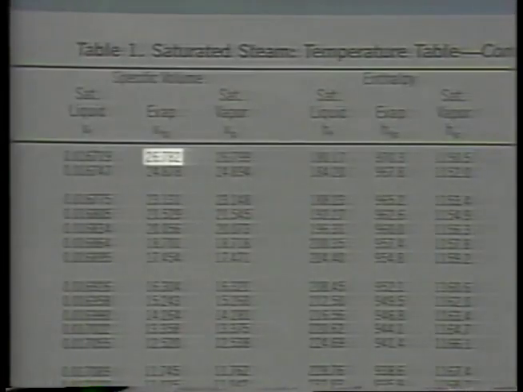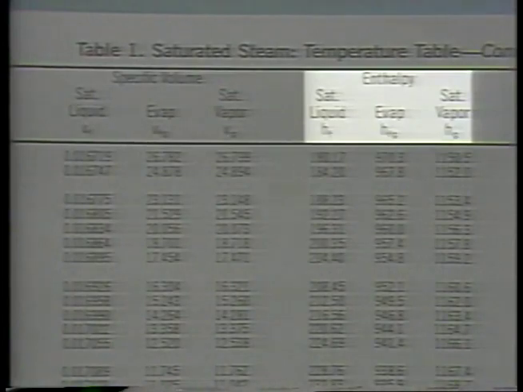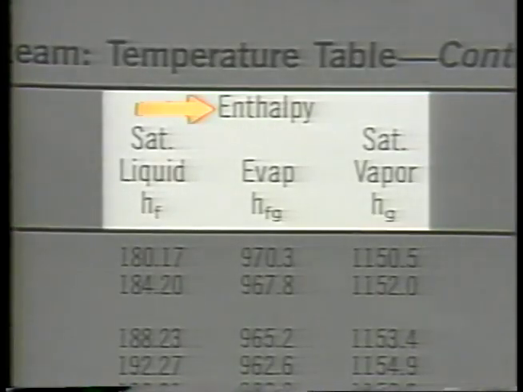Next to the columns for specific volume are three similar columns under the major heading of enthalpy. As you know, enthalpy is the thermal energy or heat content in a pound of a substance. Like specific volume, the values for enthalpy are different depending on the state that the water is in.